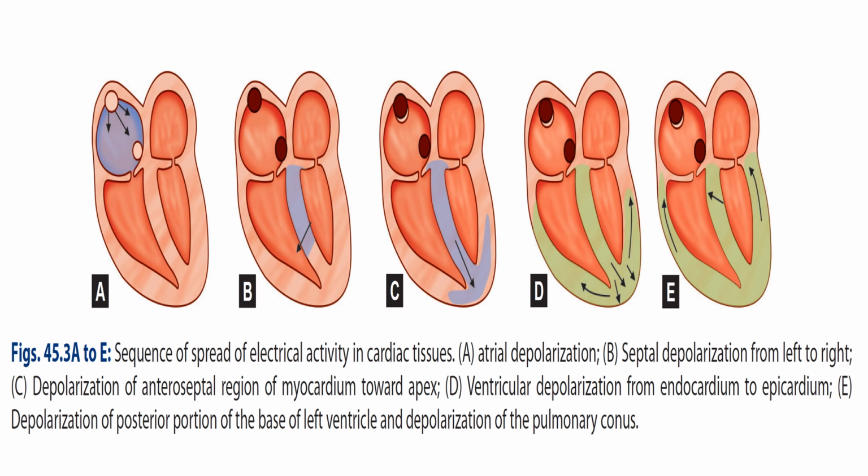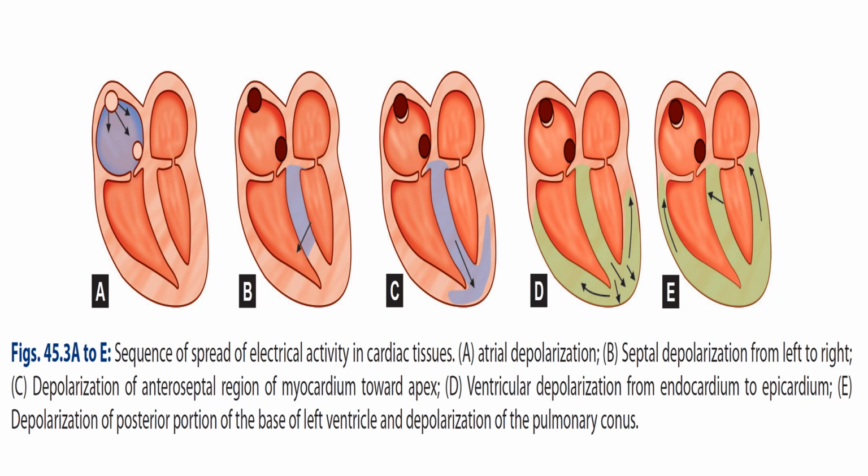See the sequence of spread of electrical activity in the cardiac tissue. First, there is atrial depolarization, starting with the right atrium, then further left atrial depolarization, and then there is septal depolarization from left to right, and then depolarization of the anteroseptal region of the myocardium toward the apex.